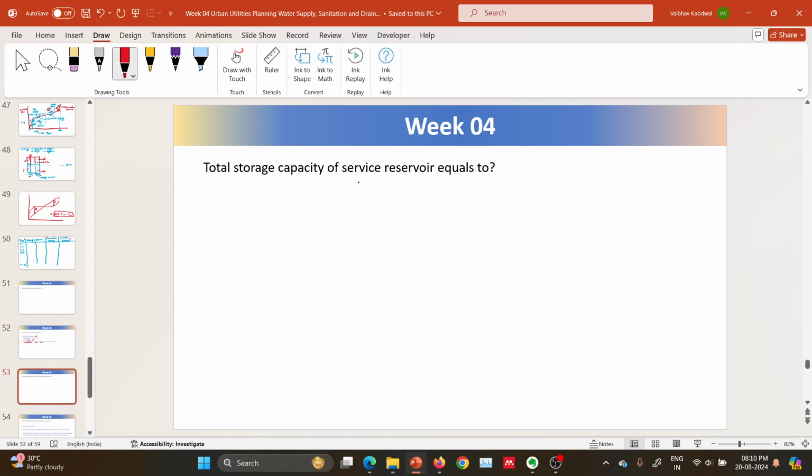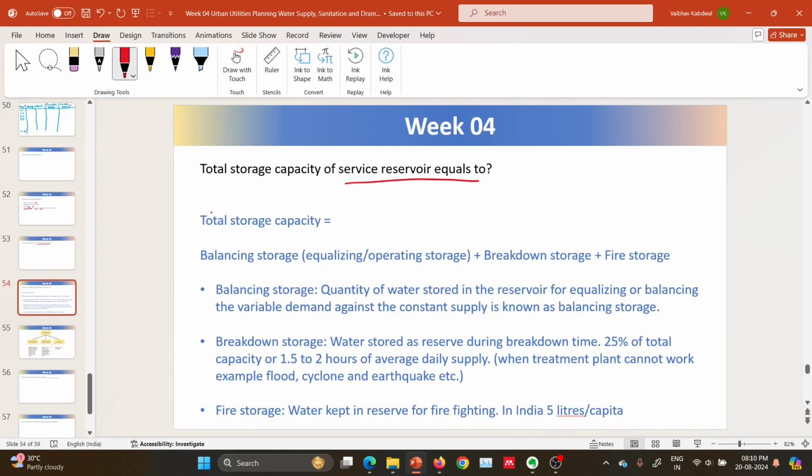Total storage capacity of service reservoir is equal to balancing storage plus breakdown storage plus fire storage. For the balancing storage we discussed now, that is used for equalizing or balancing the variable demand against the constant supply, which is known as balancing storage.